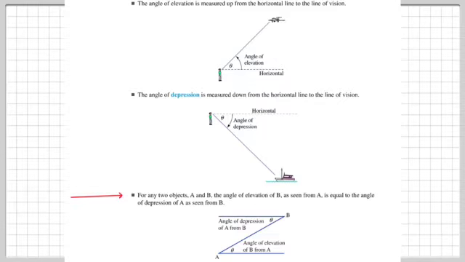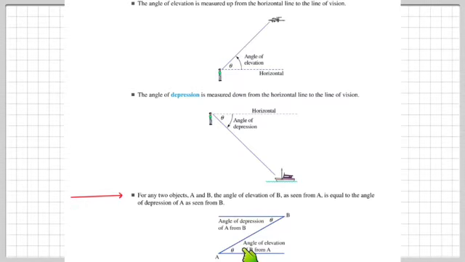Now, for two objects, A and B, okay? Now, the angle of elevation of B as seen from A. Now, have a look at this, look. See, here's A. Now, here's the angle of elevation of B. It's theta, right?